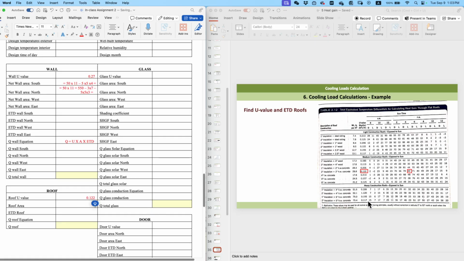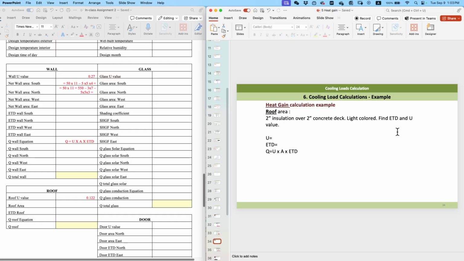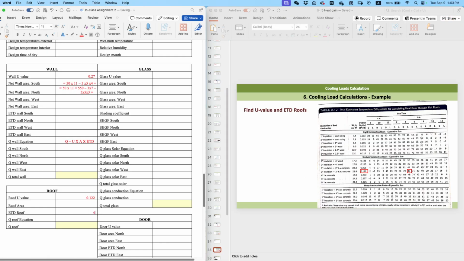And what is the roof ETD? 4 p.m., this type of roof. What's the color? It's light color. So 43. ETD 43.